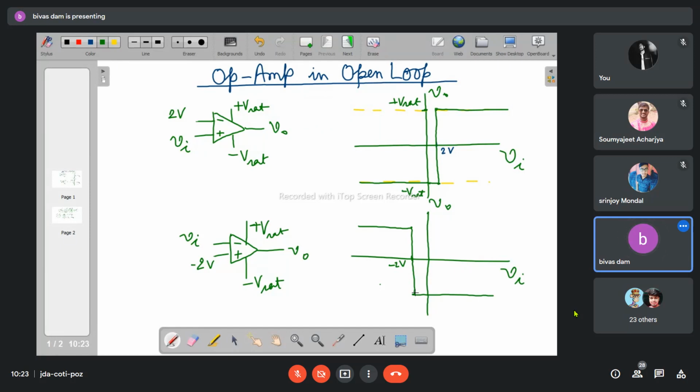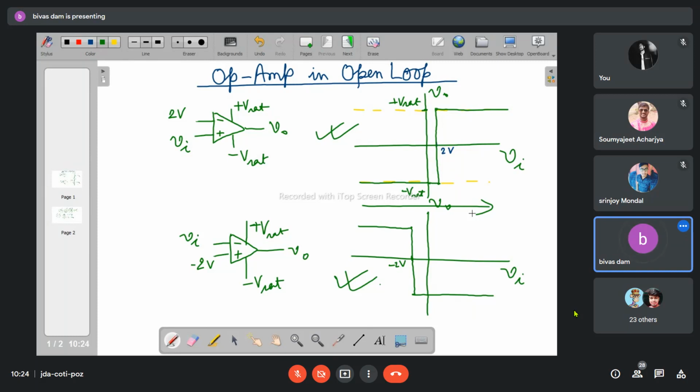Now, from these two characteristics, what you find is, in the first one, there is one increasing step jump at the output along the increasing direction of the VI. Is it not so? When the input VI is increasing from left to right, there is a step jump in the increasing direction at a particular point, here, that is the 2-volt point.